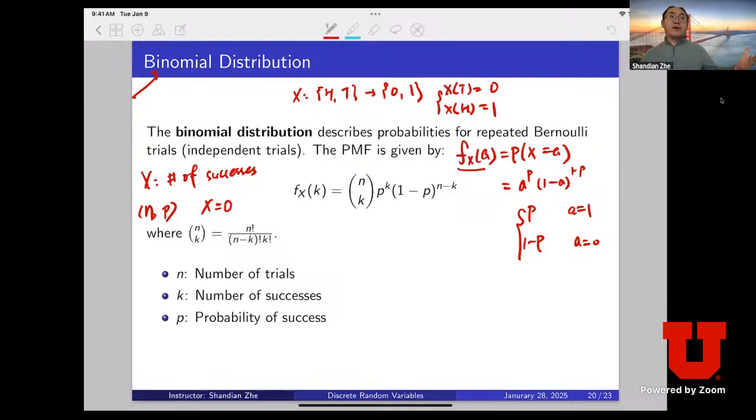The total number of successes. Maybe for all n trials, you don't see any success. All n trials are failures, right? But the luckiest result will be that all n trials are successful. In that case, x could be n, right? At most n. So the value of the binomial random variable will be in the range 0, 1, 2, 3 until n, right?